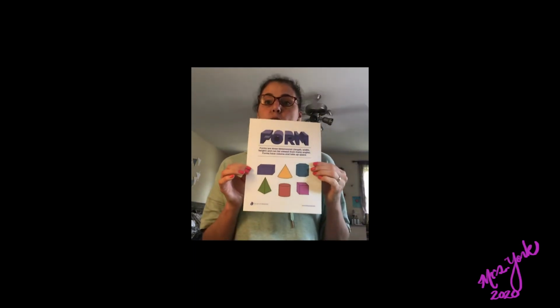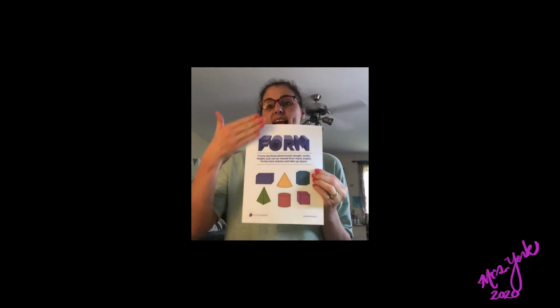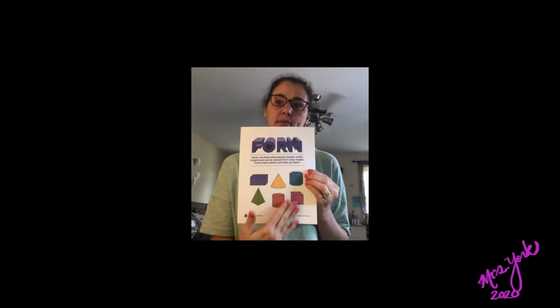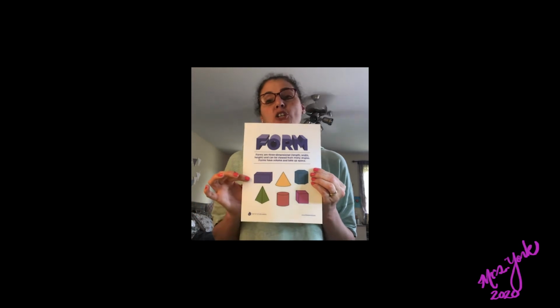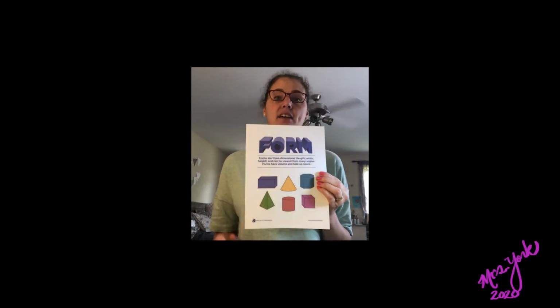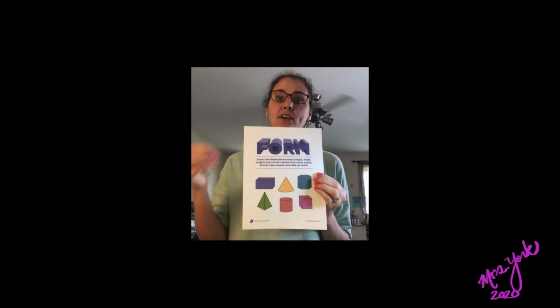Now, there is a slight difference between shape and form. Shape, if you remember last week, is two-dimensional. It's flat. Well, form is three-dimensional. These forms on here are not three-dimensional, they are two-dimensional, but using lines, we can create shapes that appear to be three-dimensional.